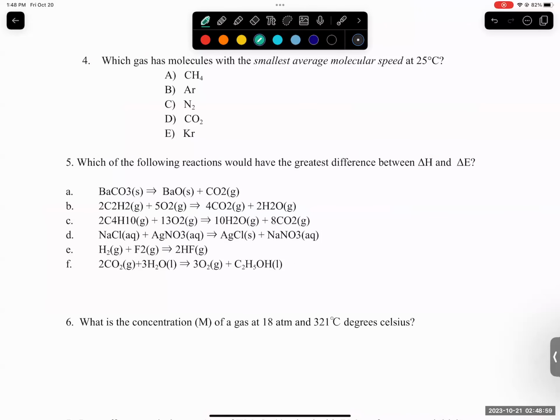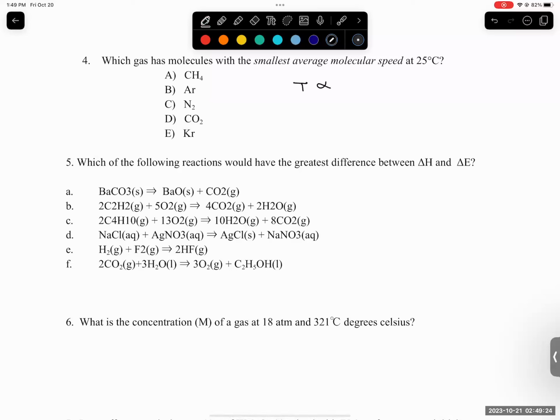All right. So, which gas has molecules with the smallest average molecular speed at 25 degrees Celsius? The reason we give you a temperature here is because it's important to realize that temperature is proportional to something energy related. Do y'all know what that is?